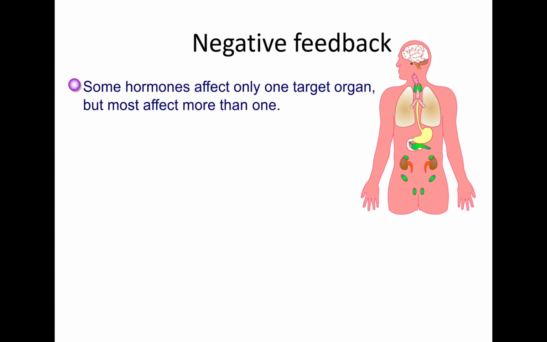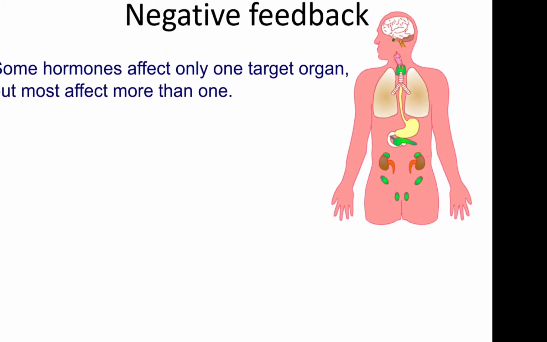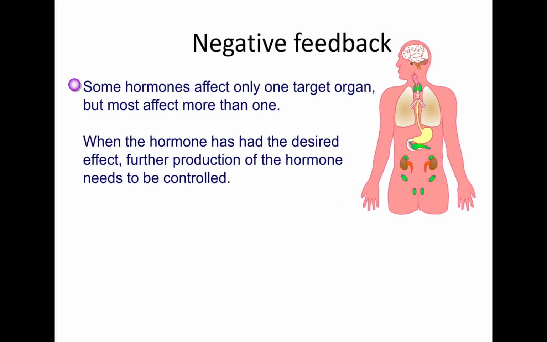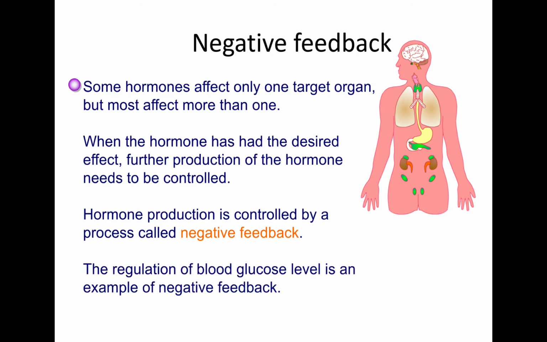So some hormones affect only one target organ, most affect more than one. When the hormone has had the desired effect, further production of the hormone needs to be controlled. So in other words, when insulin has converted enough of the glucose in our blood into glycogen, we do not need to produce any more.